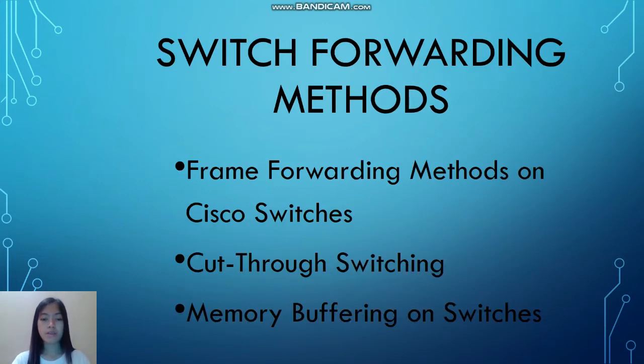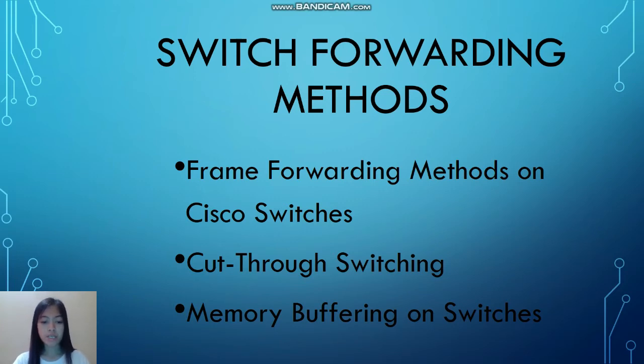Switch forwarding methods. It includes frame forwarding methods on Cisco switches, cut-through switching, and memory buffering on switches. So, frame forwarding methods on Cisco switches. Switches use one of the following forwarding methods for switching data between network ports: store-and-forward switching and cut-through switching.